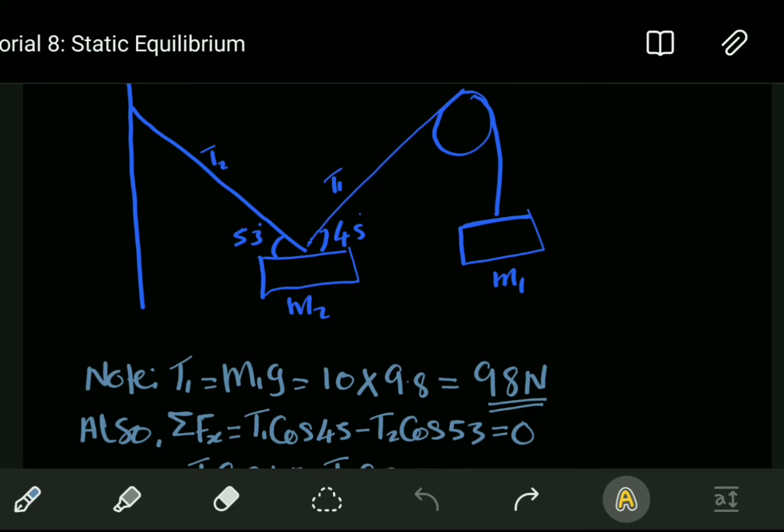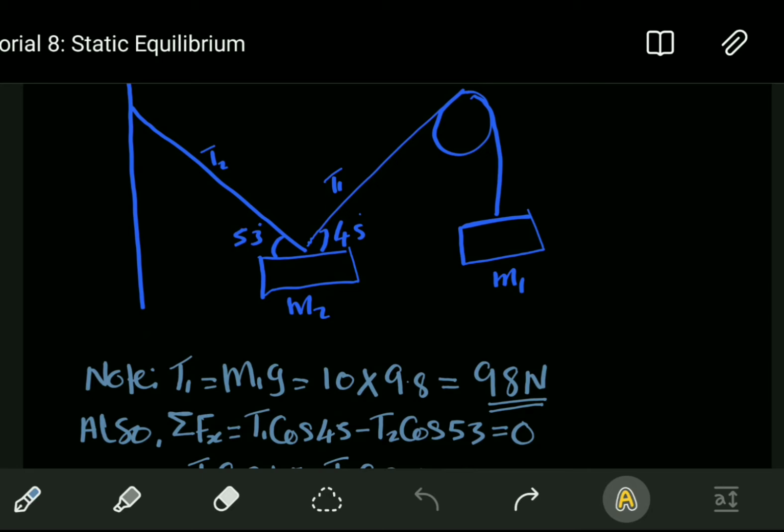All right, so the first thing that we need to take note of is that the tension T1 is equal to M1 times G, or rather T1 is equal to the weight of M1.